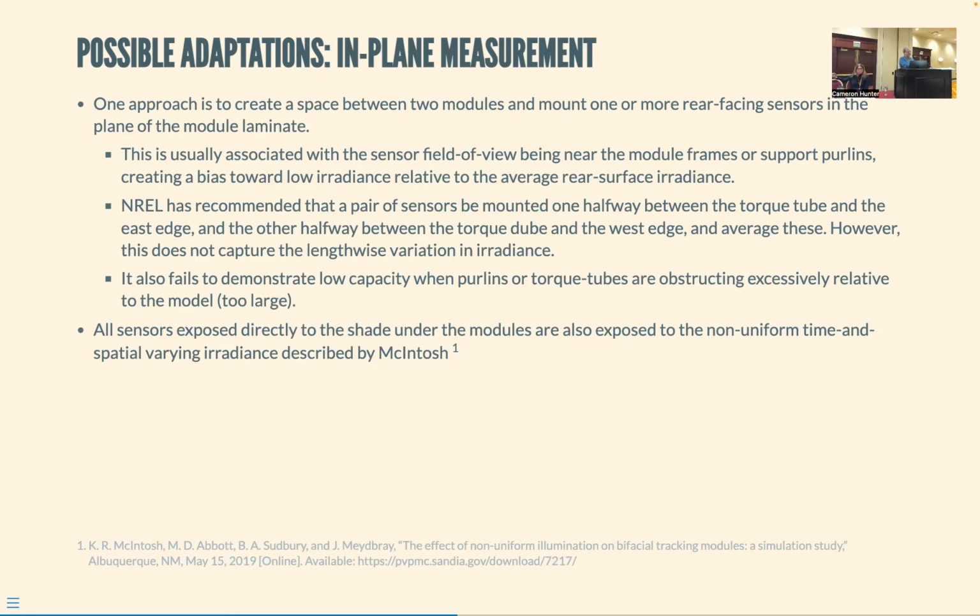So even though we had discussions earlier that said 55% away from the torque tube could be appropriate for a 1P arrangement, that's really only valid when you're looking at an energy basis of evaluation. Throughout different times of a single day, that bright spot could move back and forth. And so there's no one spot that you can put any sensor back there that's going to give you the right answer all day long so that you can complete this test in a 2 or 3 day period.